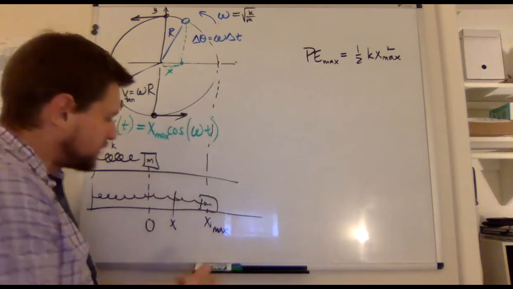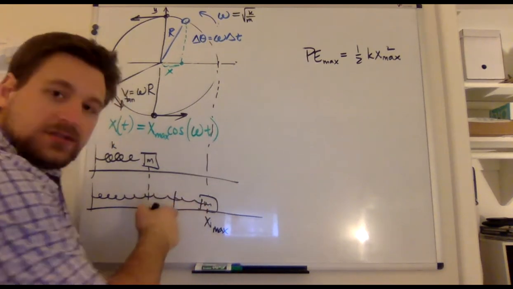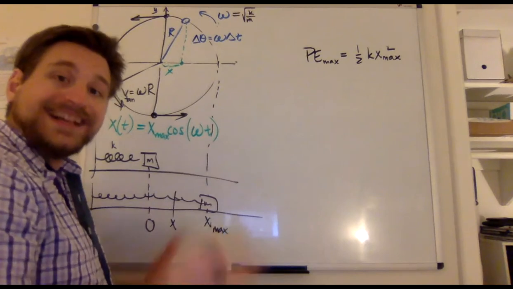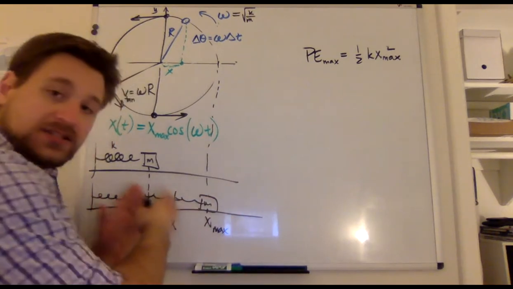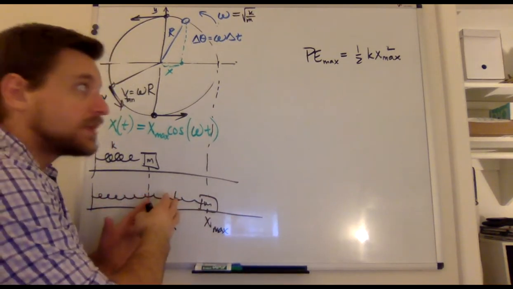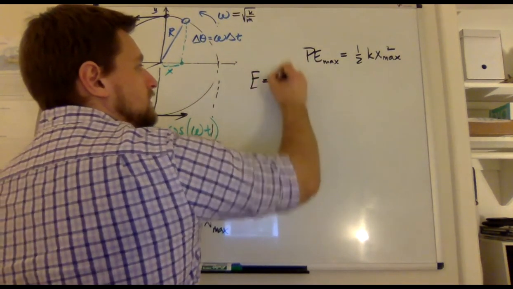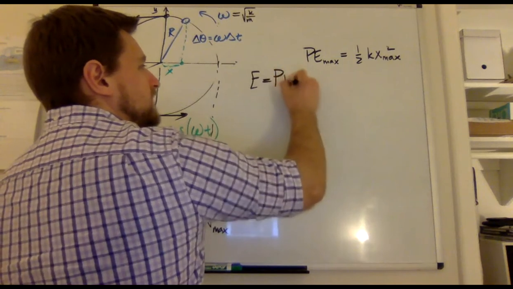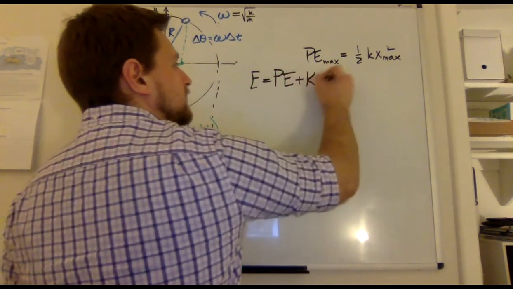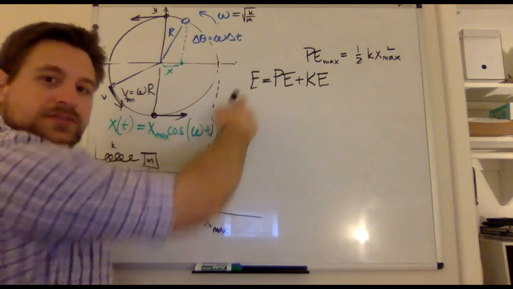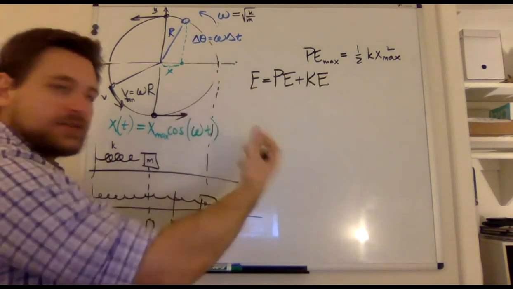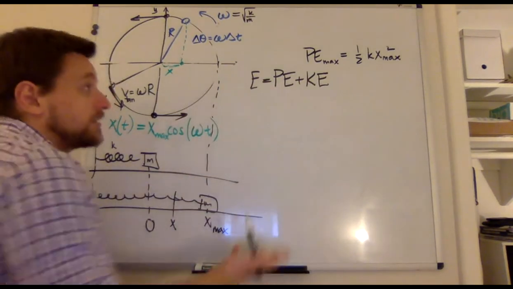I don't know what it is, but at that position we're moving a little bit, and the spring is stretched a little bit. So the potential energy plus kinetic energy needs to still be equal to the amount of energy we have to work with.